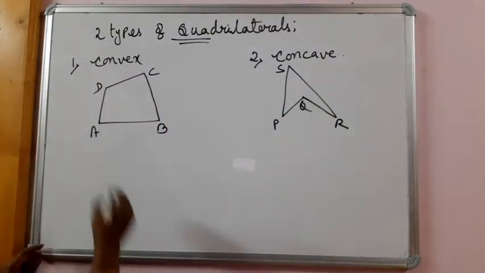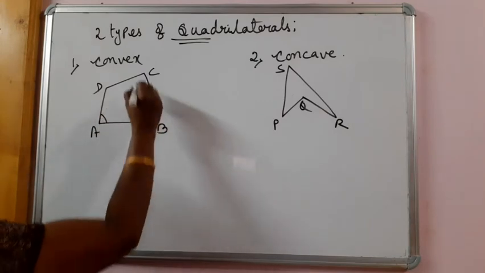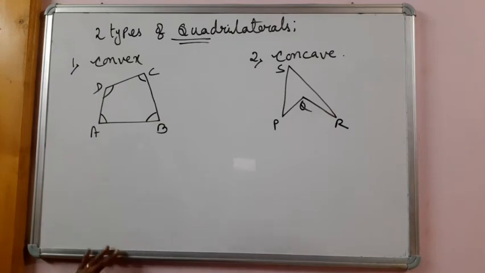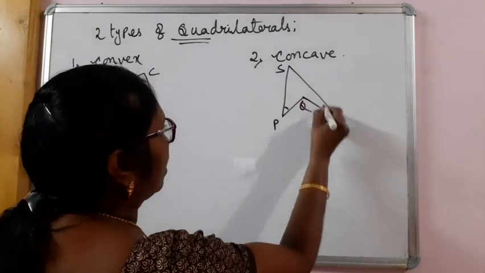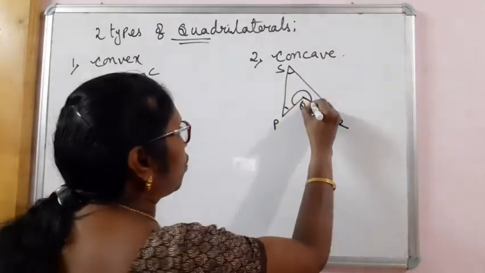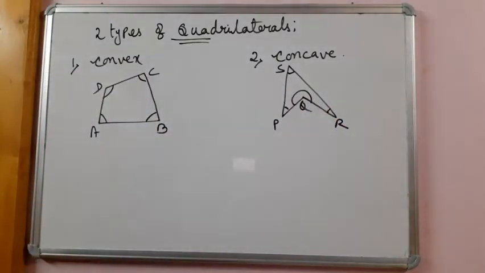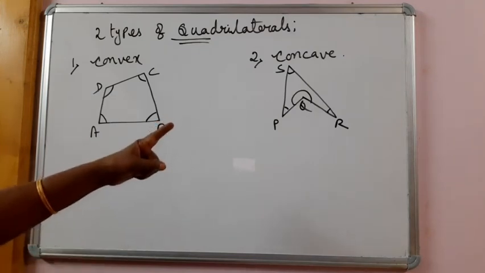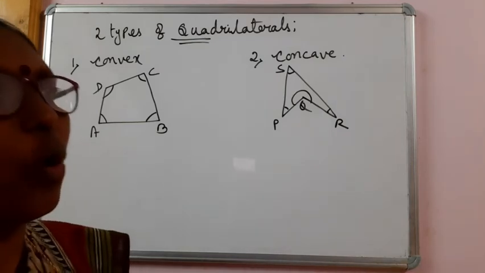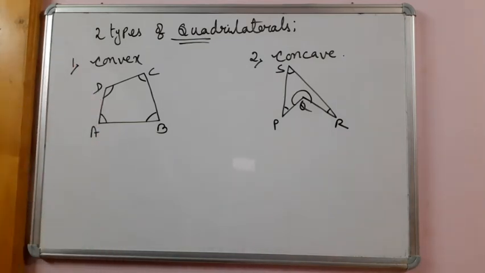We can observe here angle A, angle B, angle C, angle D, all are less than 180 degrees. But here angle P, angle R, angle S are less than 180, but angle Q is more than 180 degrees. I hope this is clear to you. If a quadrilateral has got one or more angles greater than 180 degrees, then that quadrilateral is said to be a concave quadrilateral.